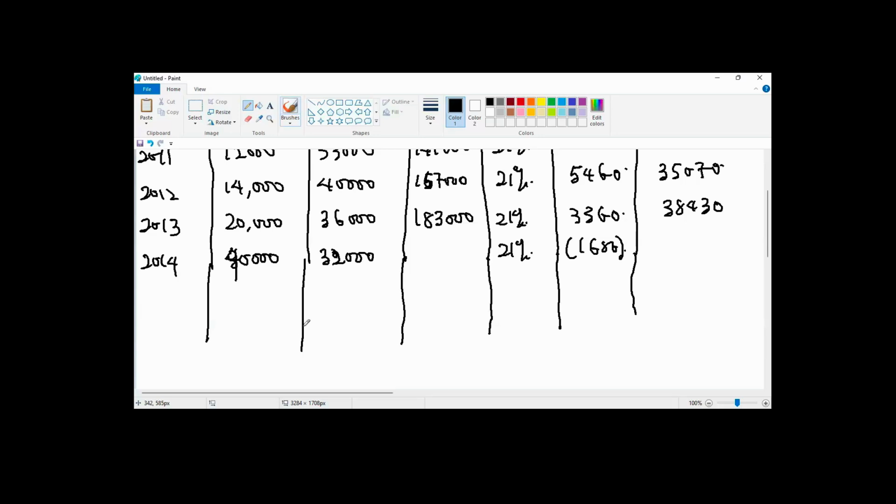180,000 minus 8,000 is 172,000... 175,000 as used. Times 21% is 36,750.